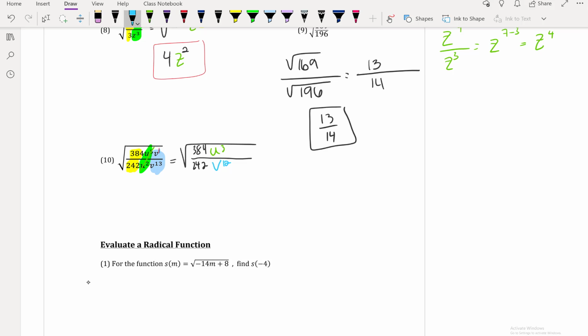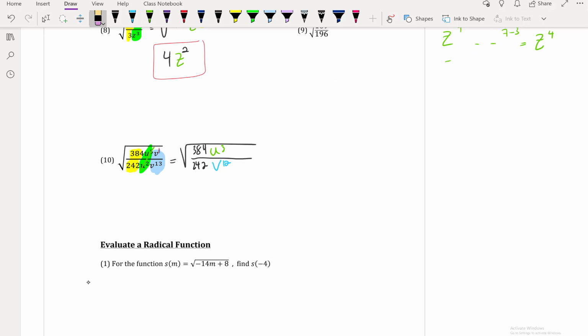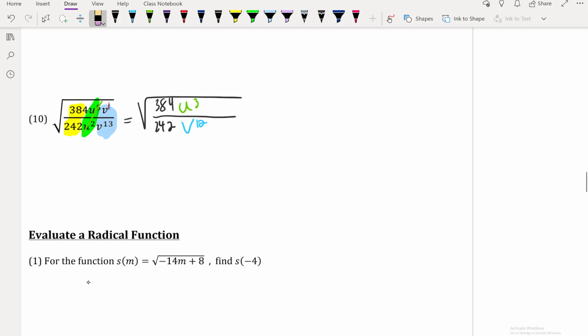And let's see, do I have anything nice like the square root of 384? I can. So let's think about this. So I'm going to go ahead and give myself some more room here. All right. So I have 384 being divided by 242, and that does not give me anything nice.